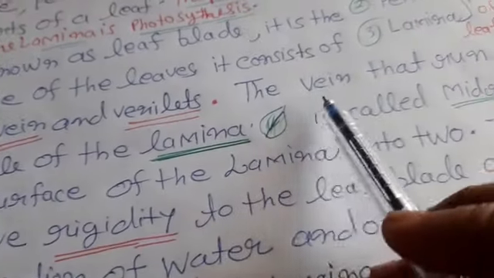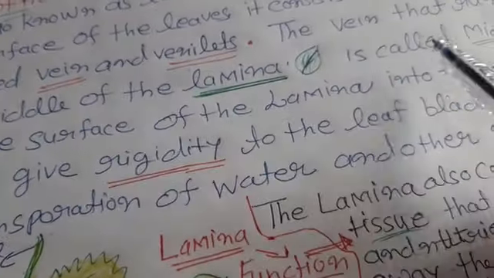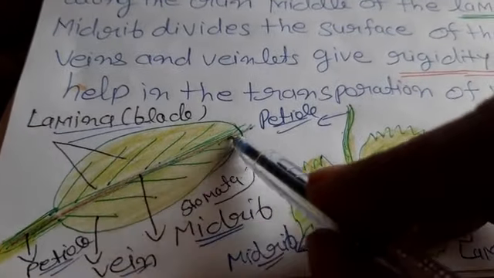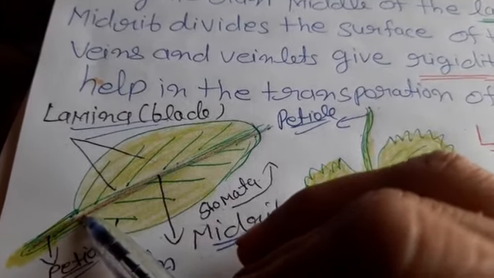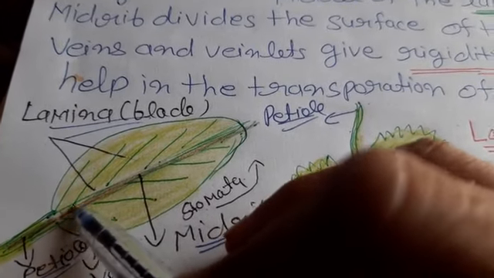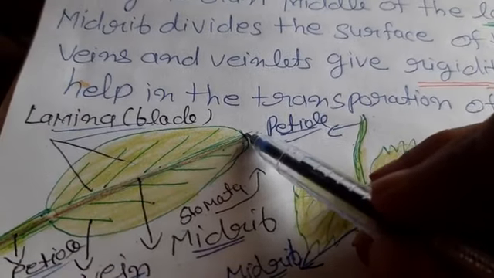The vein that runs along the middle of the lamina is called the midrib. Here we can see this central vein arising from the base of the leaf and reaching to the tip of the leaf.